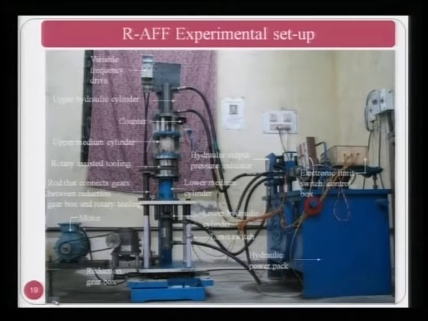Now, this setup was very similar to what I had shown to you in the very first slide after the contents of this particular talk. The basic difference here is that you have a device over here. This device is capable of rotating the workpiece internally, and once the workpiece is rotating, there will be two motions.